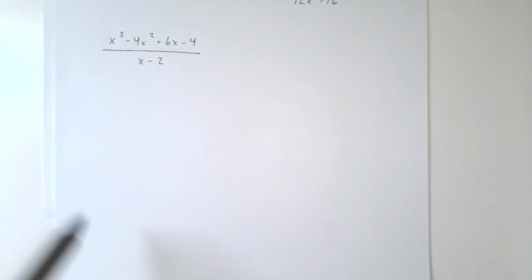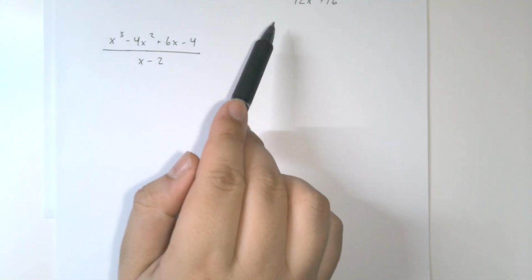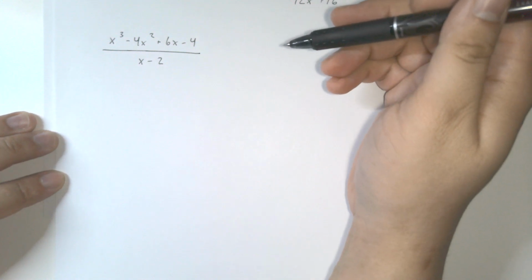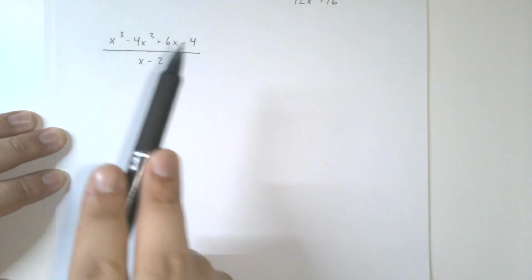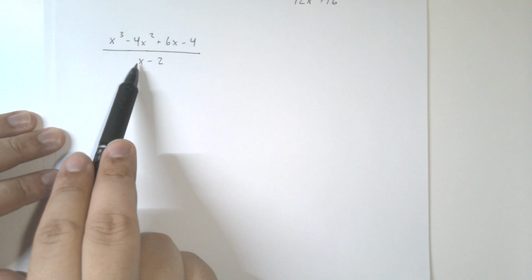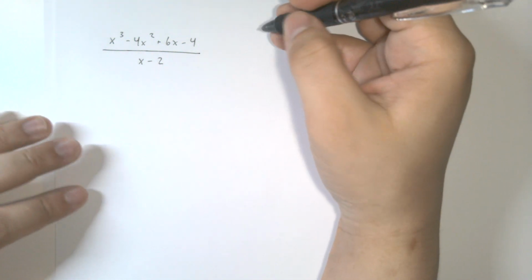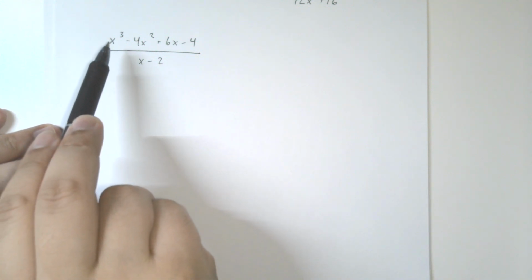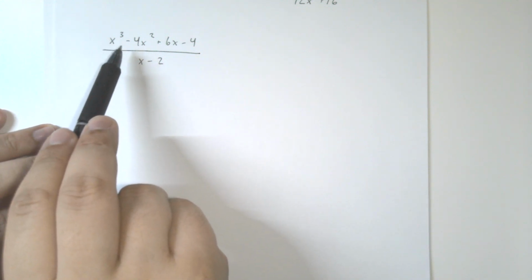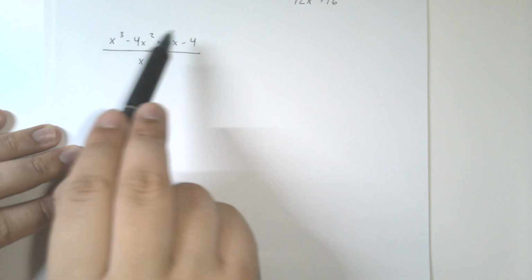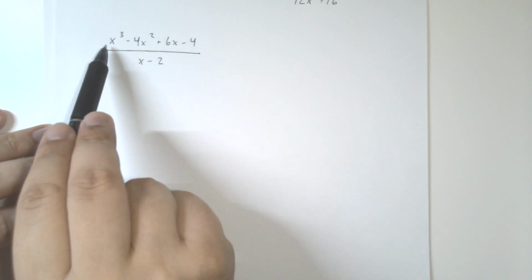So we could divide this out like we did with the polynomial long division. However, there's a faster way if and only if we're dividing by x plus or minus a number. And how we set that up is, first, we have to make sure that we can read off whatever the coefficients are here for each of our numbers in the numerator.